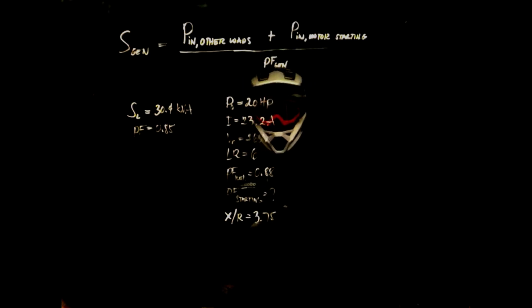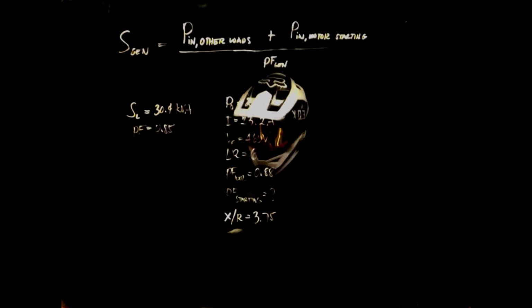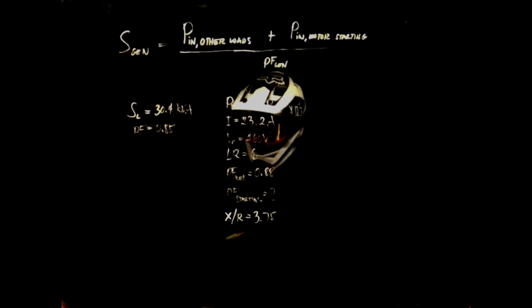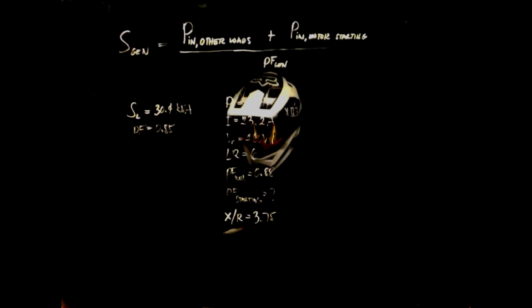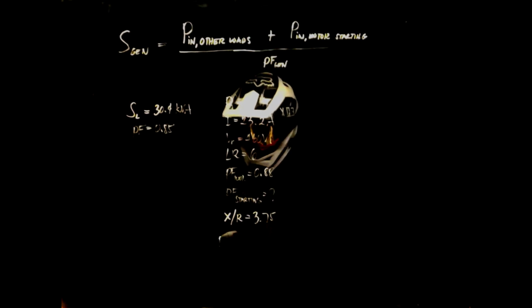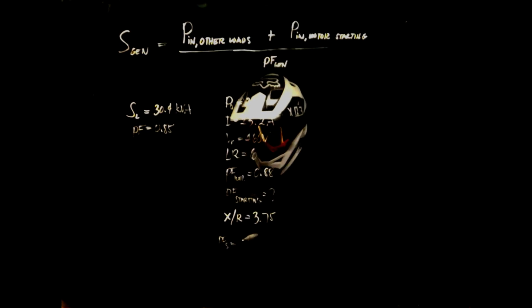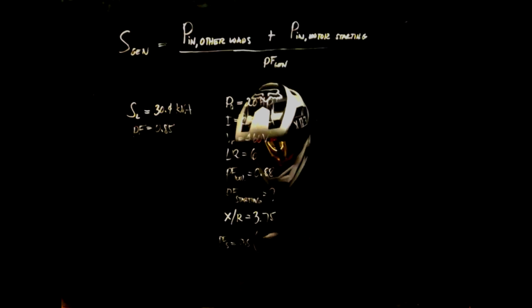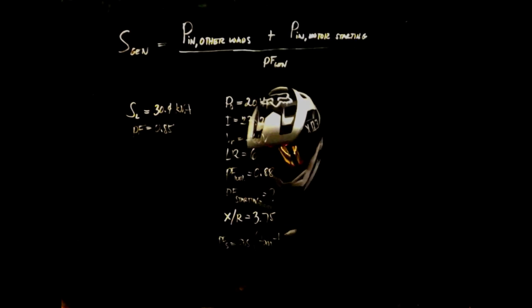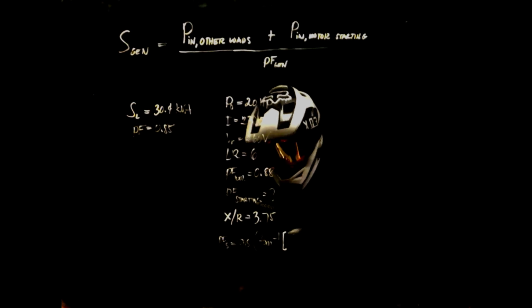So from this X over R, we can actually get the power factor, right? Means the power factor starting is equal to cosine of arc tangent of 3.75.